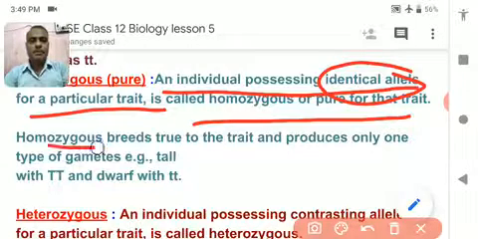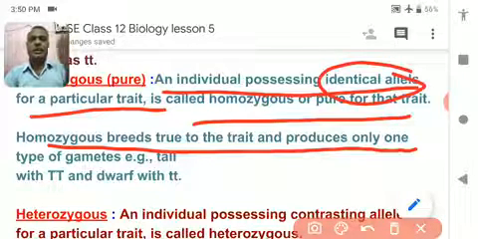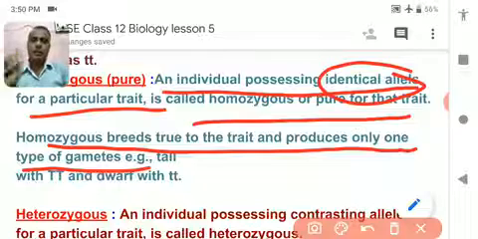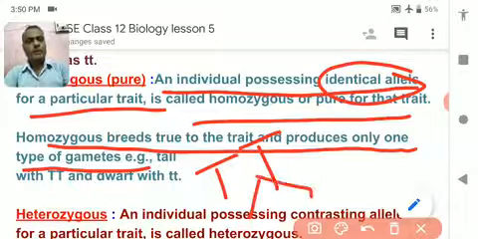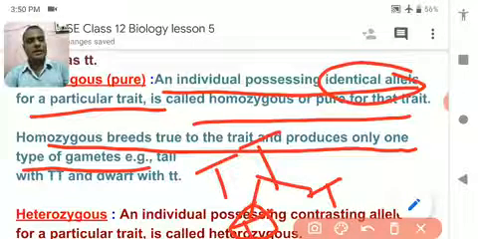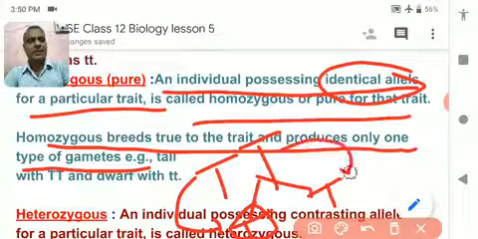Homozygous breed true to the trait and produce only one type of gamete. Suppose we take capital T, what kind of gamete does it produce? Both produce the same kind of gamete, that is capital T. One capital T will come on this side, another capital T on this side.